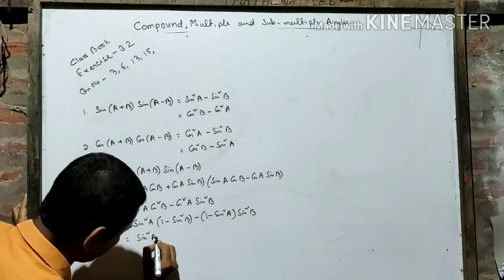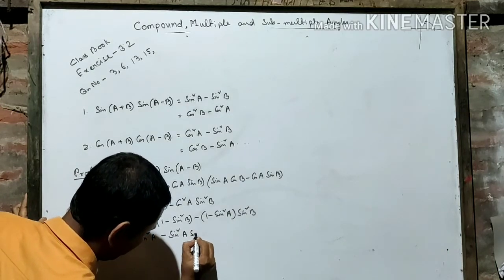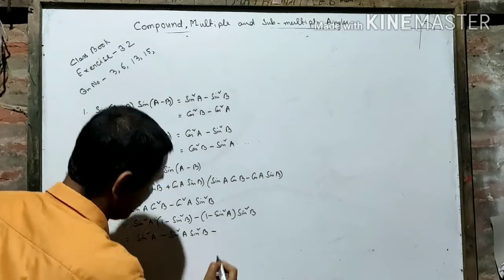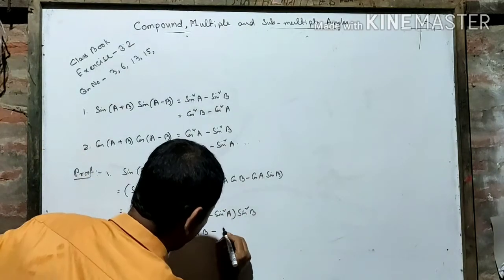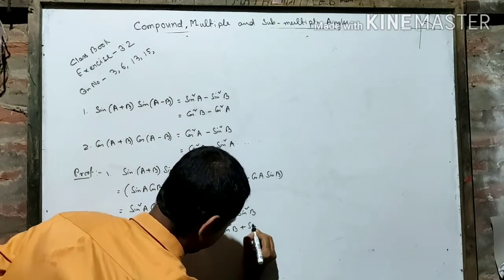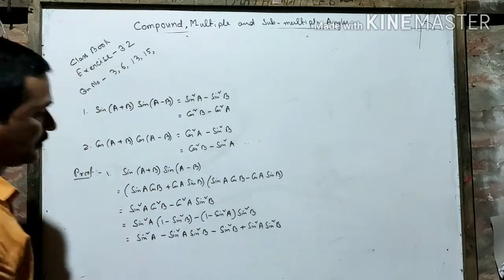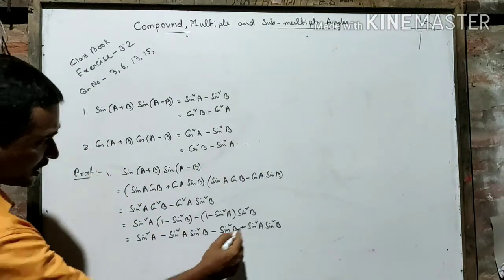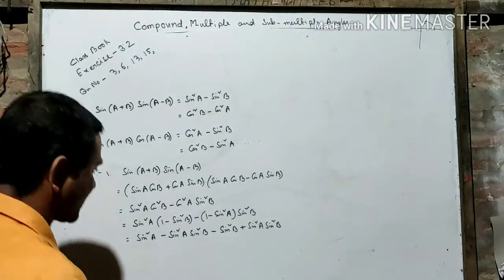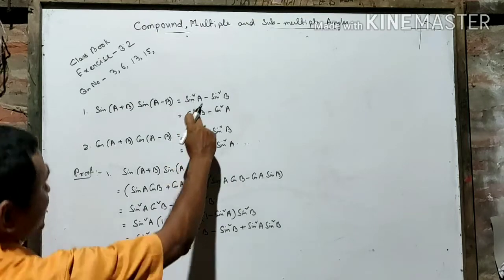This is equal to sin square a minus sin square a into sin square b minus sin square b, then minus minus plus sin square a into sin square b. Now sin square a into sin square b gets cancelled and we get sin square a minus sin square b. This is your first result.